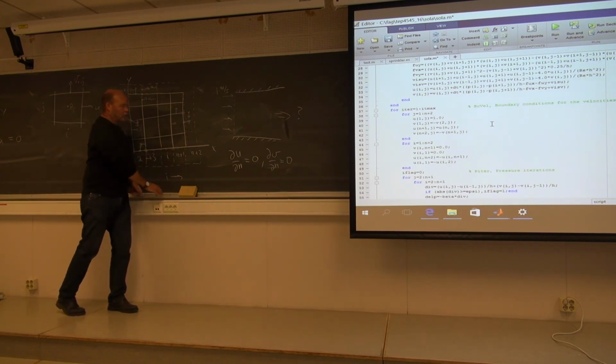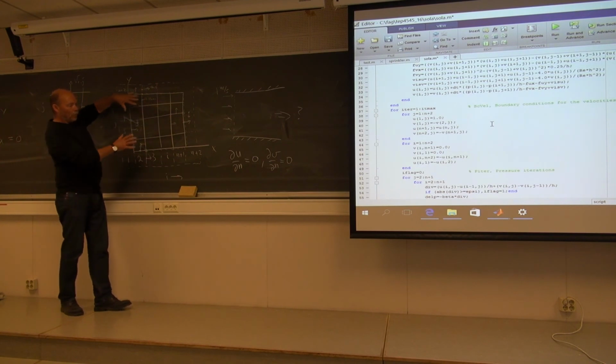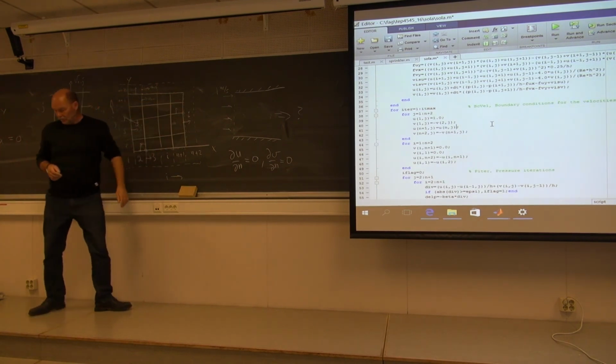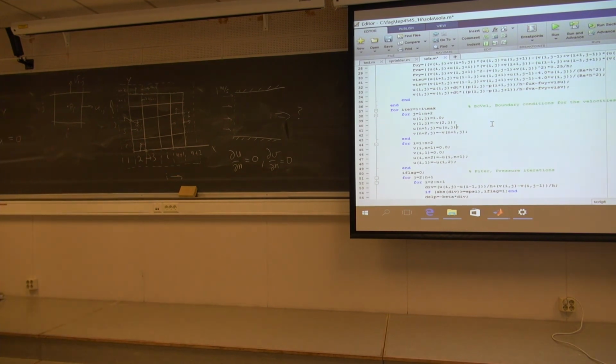Both will actually work. What we then are doing, we are forcing the streamlines to be parallel at the outlet. Not necessarily correct, but hopefully it will be better than no opening. So here I just remove the minus sign. So now I have a derivative equal to 0 for v as well. Now let's try to run this one and see what we get.